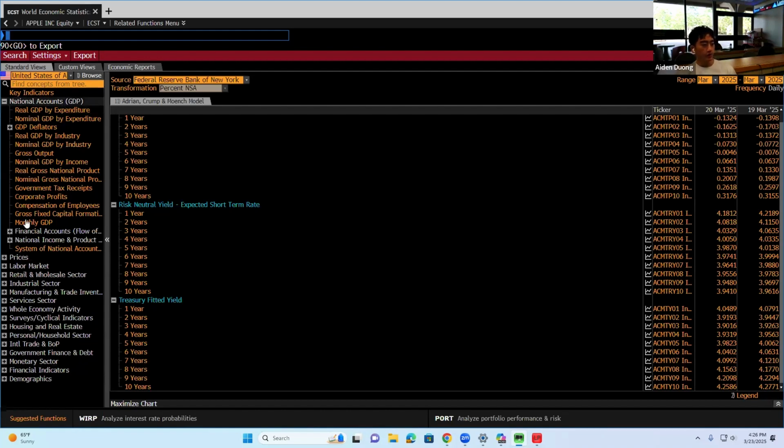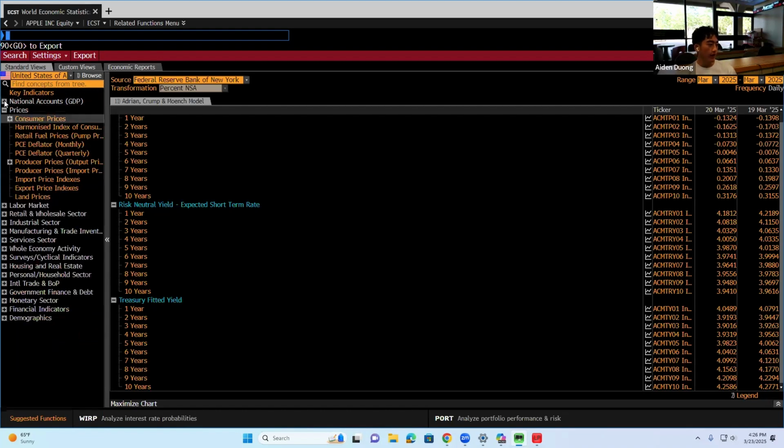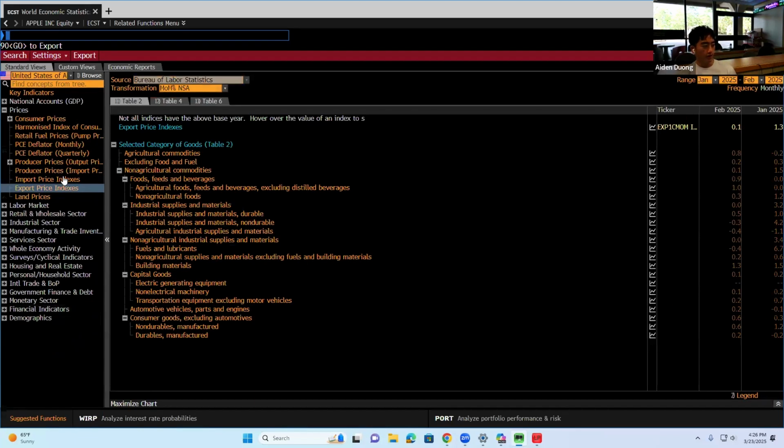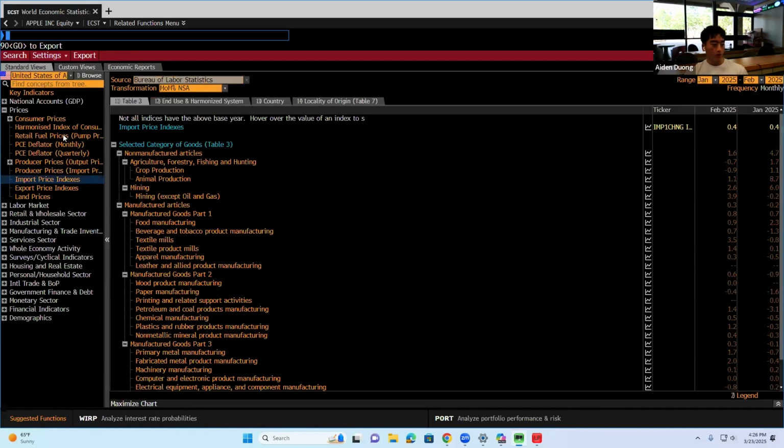National accounts, the GDP, is mainly macroeconomics. Prices is mainly microeconomics: consumer prices, inflation, import price indexes and export price indexes. If you really want to get into specific import prices relating to targeted tariff material or products, I like to go to ECST, then go to prices, and then go to import or export prices.